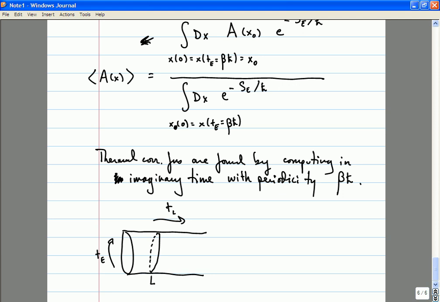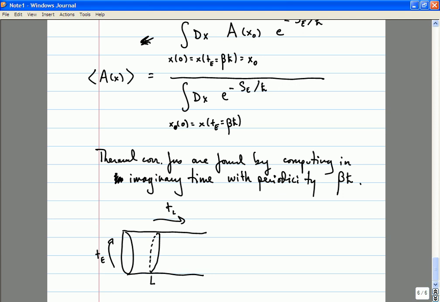So for example, in the semi-classical limit, where we regard h bar as being small compared to all other scales in the problem, then you can calculate approximately the density matrix by finding the classical solutions of the system, but not classical solutions in the usual time, classical solutions in this funny imaginary time.